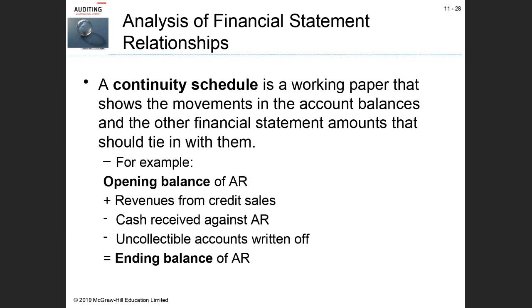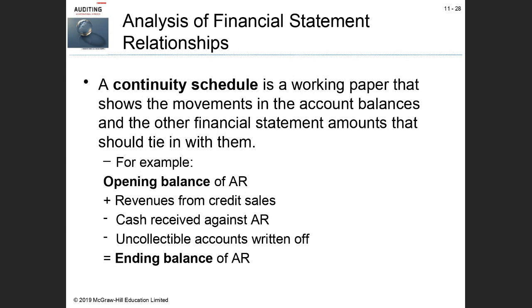Okay, now there is something on page 471 called a continuity schedule. And a continuity schedule is very straightforward in terms of what it is. You can see it in the PowerPoint. If we talk about accounts receivable, auditors do this type of work quite a bit because it's an easy way to do analytical review.